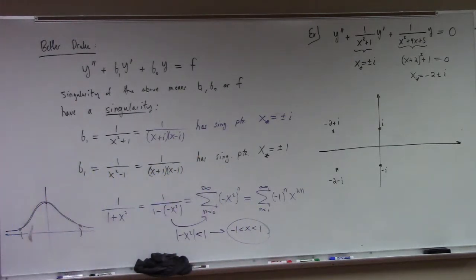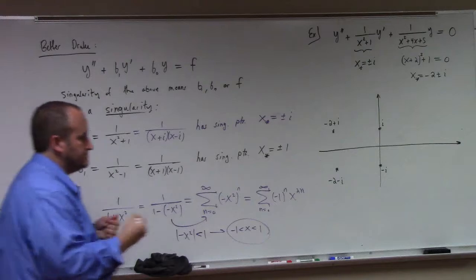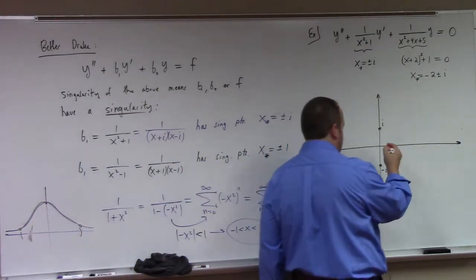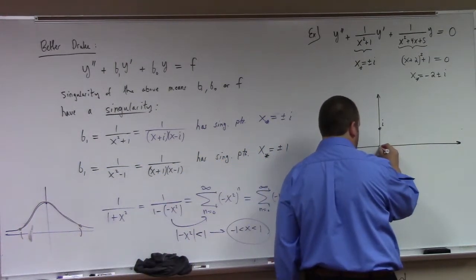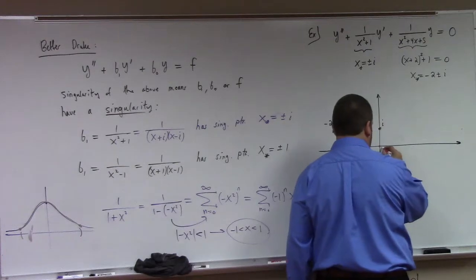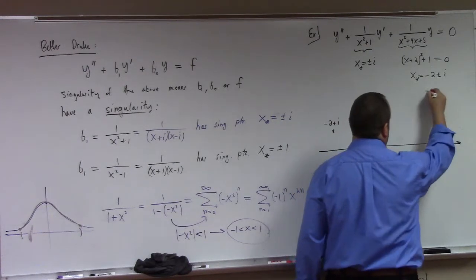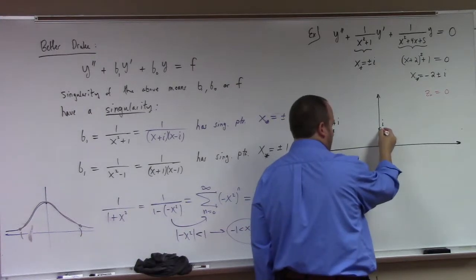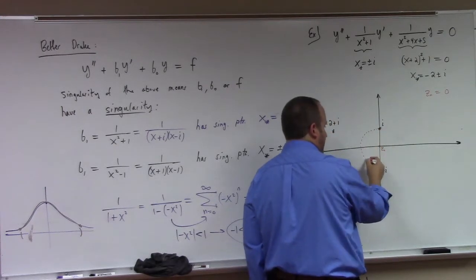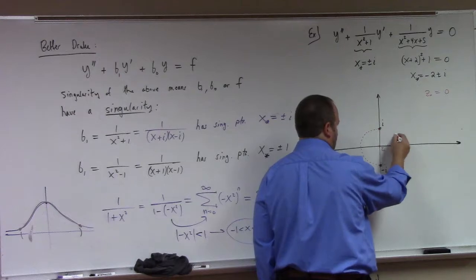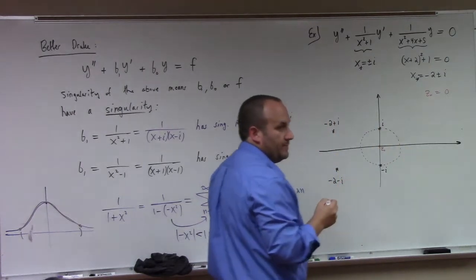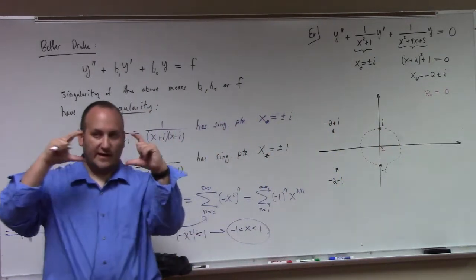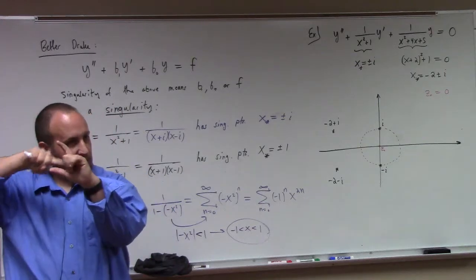Suppose I center the solution at the origin, right? So if I take z naught equals 0, you look and you go, aha. In the complex plane, if I look at the unit disk, that's the biggest disk I can get before I start hitting singular points.